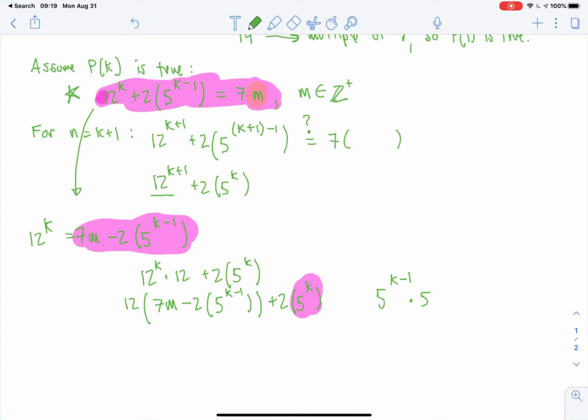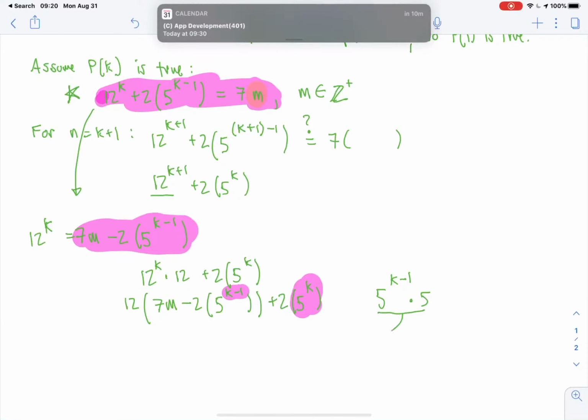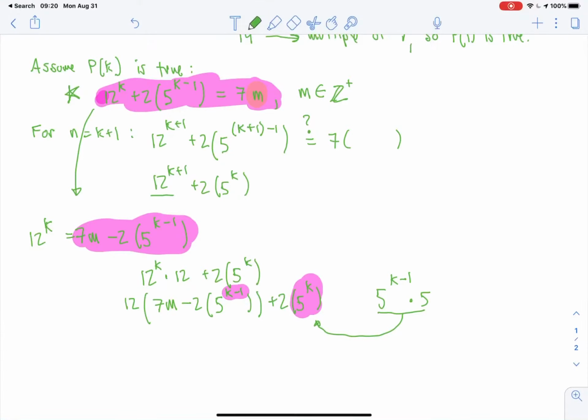And you might wonder why we would want to do that, but I'm looking over here at the k minus 1 exponent, and I would like to make this 5 to the k have a 5 to the k minus 1 in it. So I'm going to take this and substitute it into this expression. So rewrite our result: 12 times 7m minus 2 times 5 to the k minus 1 plus 2 times 5 times 5 to the k minus 1.